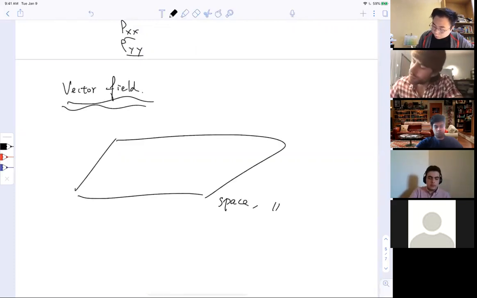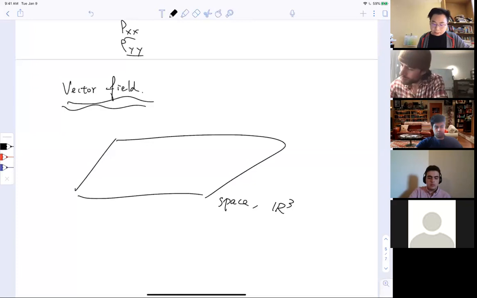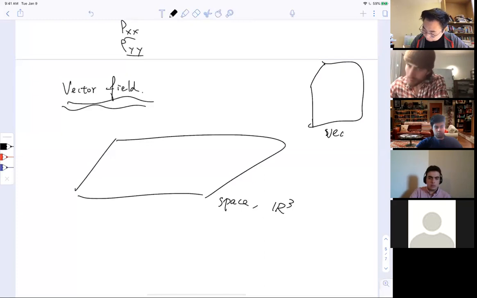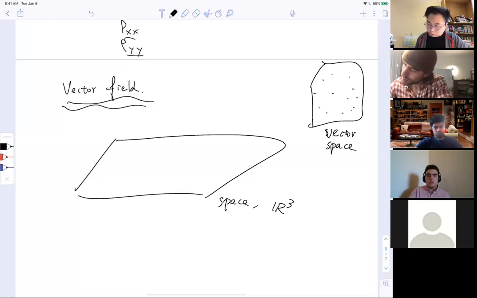For example, our real space: we are in 3 dimensions, so it's a 3-dimensional space. And also we have a vector space, and there are infinitely many vectors in this vector space.